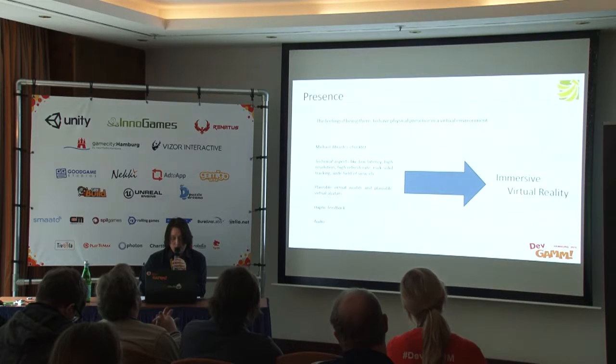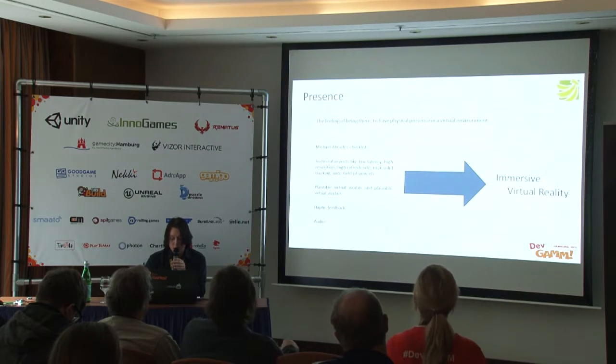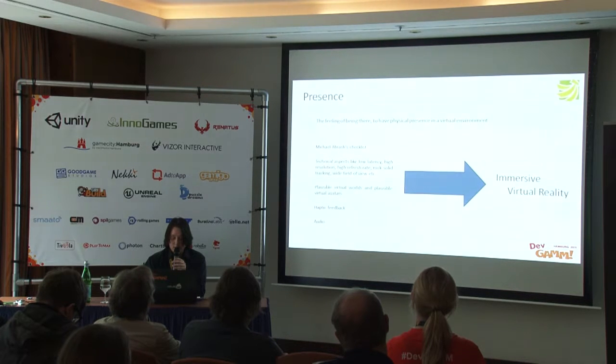I say plausible because, as mentioned with Uncanny, they don't have to be photorealistic. Also low poly or comic graphics can do the trick with presence, as long as it is believable and not uncanny. Together with good haptics and audio, the player is unable to tell apart the real world from the virtual one. And in its peak, it would be a fully 100% immersive virtual reality.